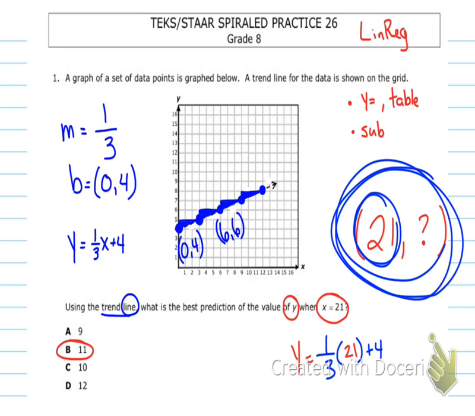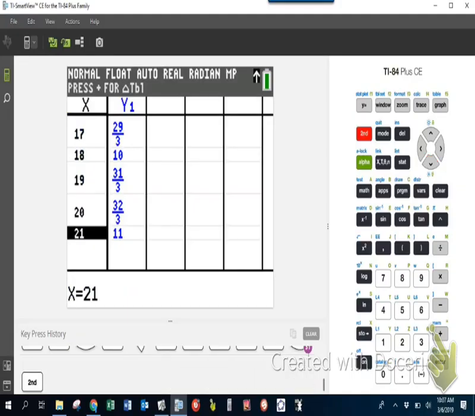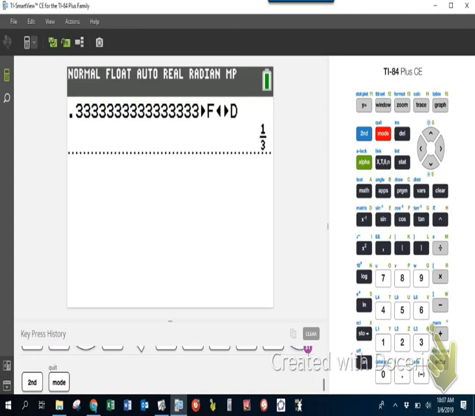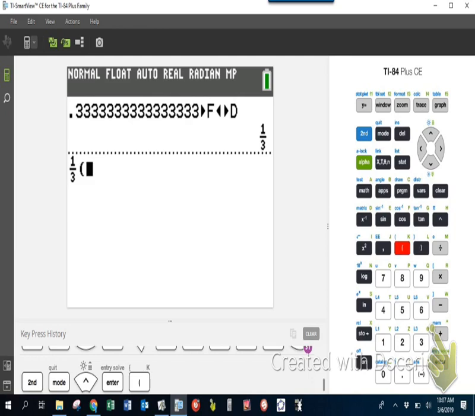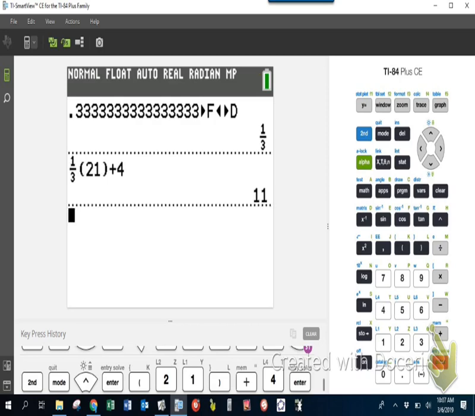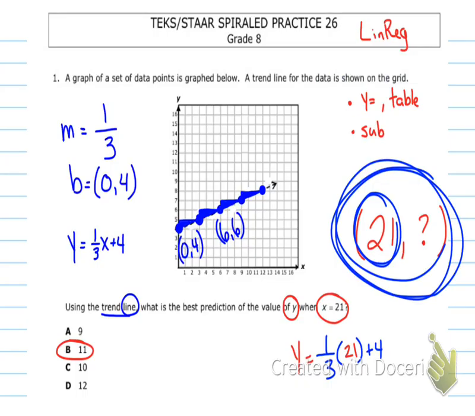So let's go to the home screen now. I'll just copy this: 1/3 times 21 plus 4, and I get 11. So either way will work, but that's how we're able to get there.